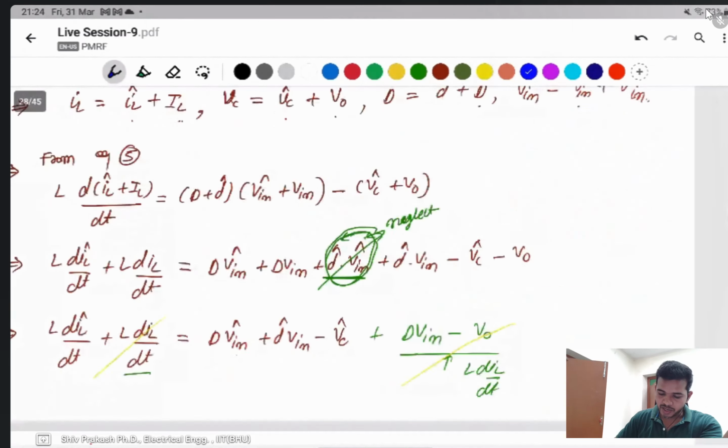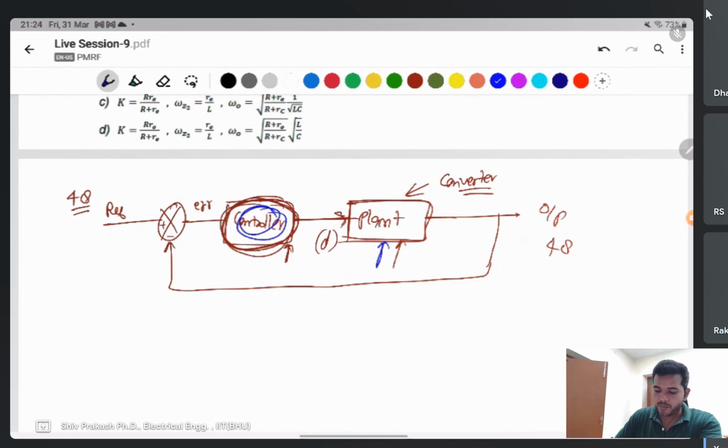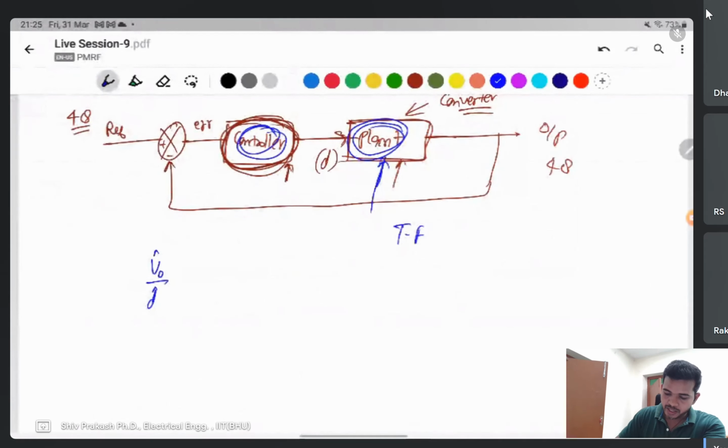Same thing, same block diagram. Draw it here. This one is the transfer function, the plant, and the controller you should design, a compensator. First find the plant, which is the transfer function V output divided by D cap. This one is D, this one is V output.